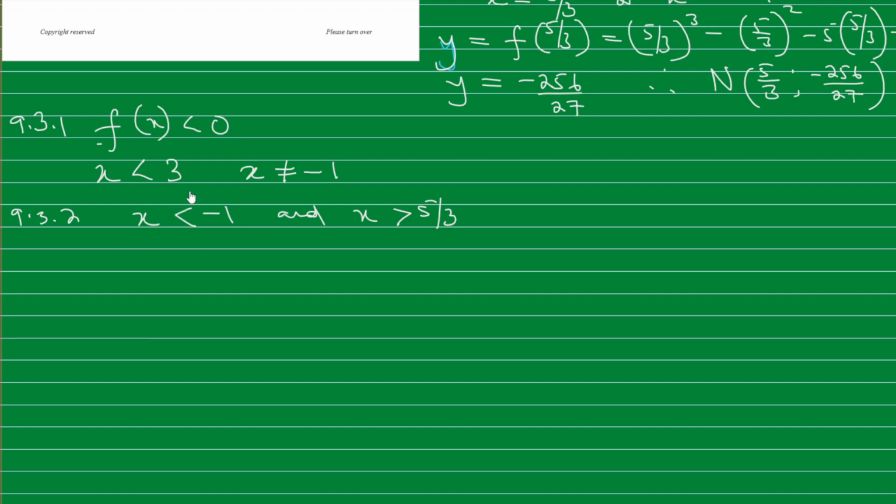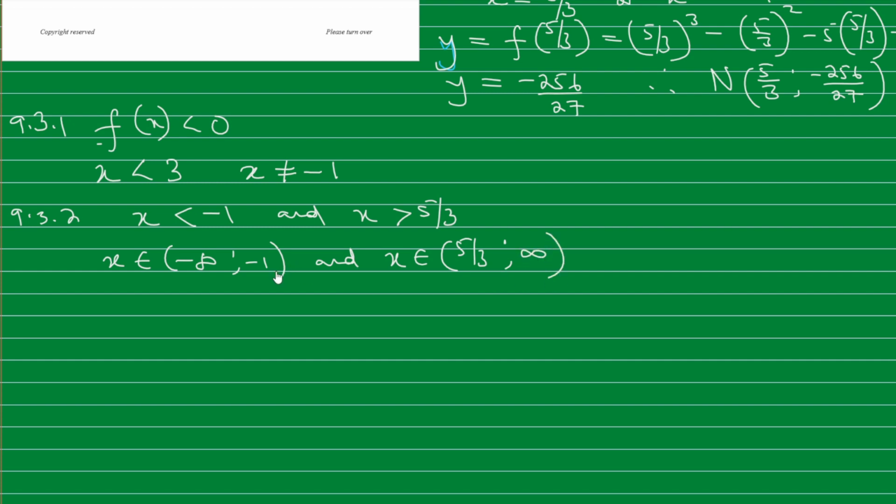Okay, you can write these inequality expressions in another way if you want. For example, you can say x is an element of numbers from -infinity up to -1. And also this one, you can write it as x element of numbers from 5 over 3 up to infinity.